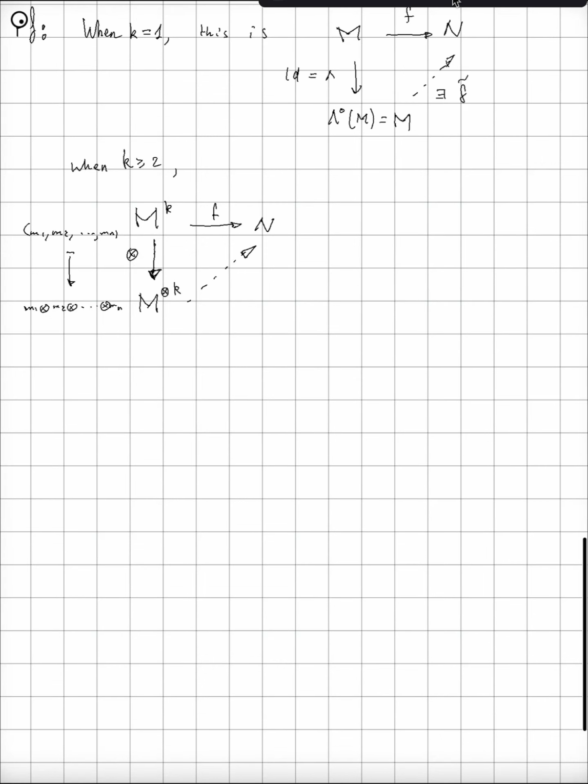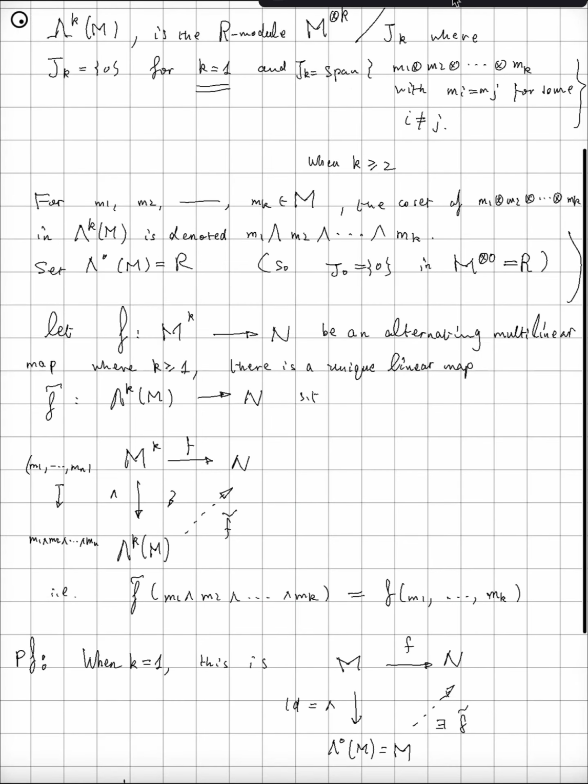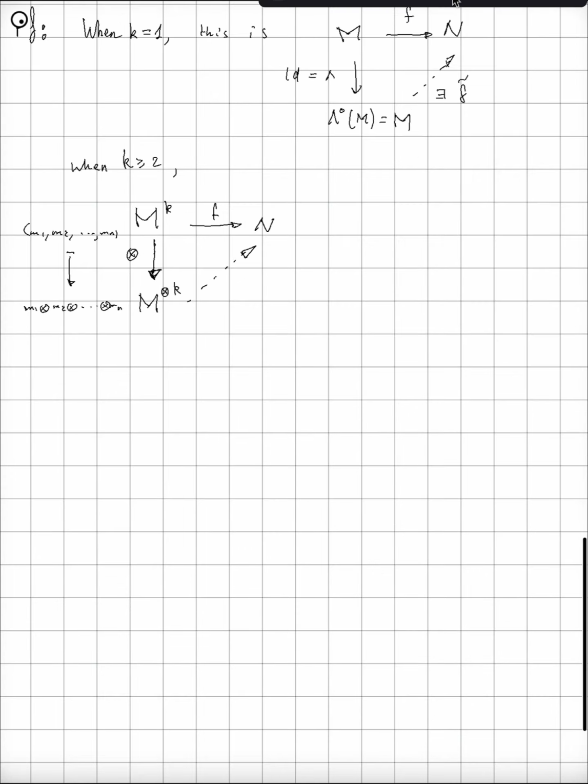So under our assumption, we just have to show that this further factors through the quotient of this tensor product, because by our definition this is the quotient by J_k. And f is not only multilinear but alternating. That's why it factorizes.